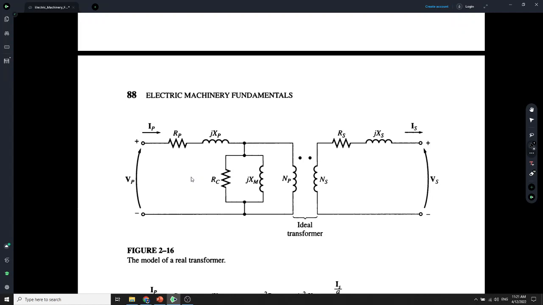So we have an RP, which represents the copper losses, and then XP represents the core losses, flux leakage for the primary side, and this is the secondary side of the flux leakage. And then for the excitation current, this is I excitation.